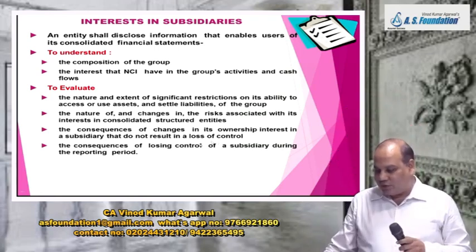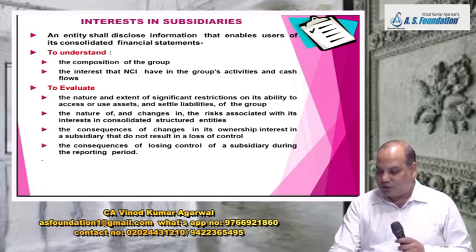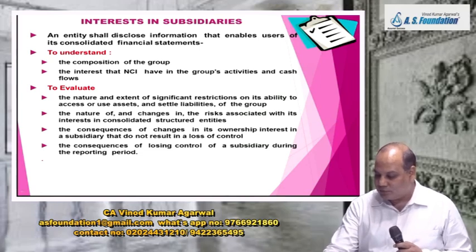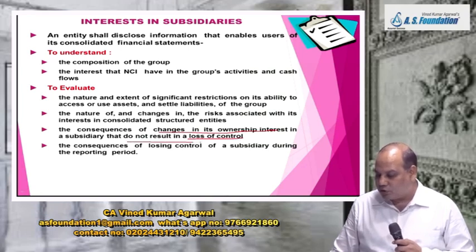Prior knowledge of IFRS 10 will be useful. If you sell some shares in the subsidiary, there is a change in ownership interest. And there are two possibilities: no loss of control, or loss of control. If there is no loss of control, you have to give the disclosure.